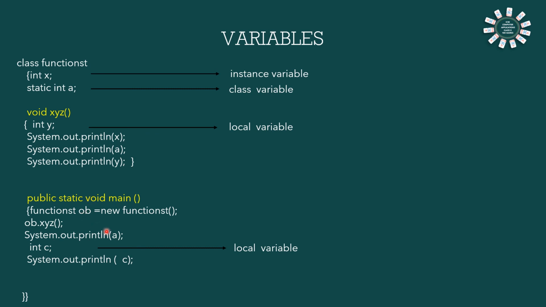Main is a static function. A can be accessed but it will not be able to access x. So if you try to print the value of a, 0 will be coming, the default value. But if you try to print the value of c, error will come because c is not initialized and for local variables default values are not given.